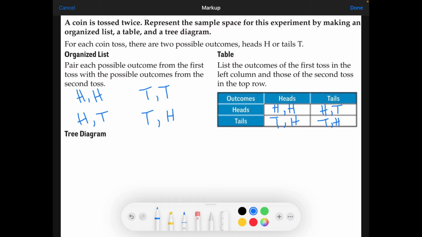For a tree diagram, we start off by writing outcomes at the top. And we use these little lines, this is what we call a tree diagram. In the first attempt, the first try, I could get a heads or a tails.